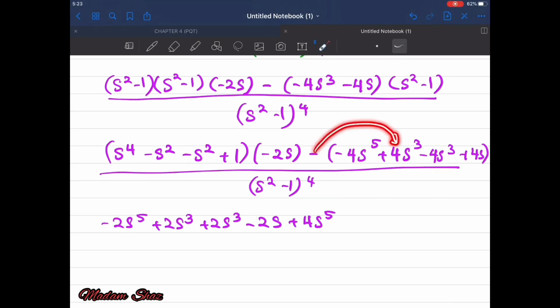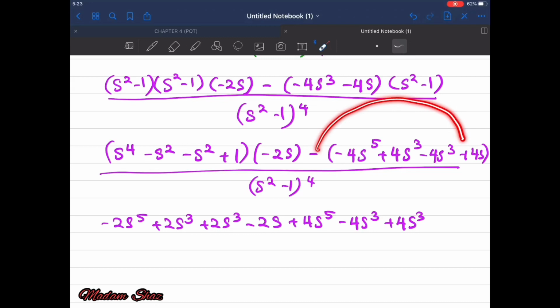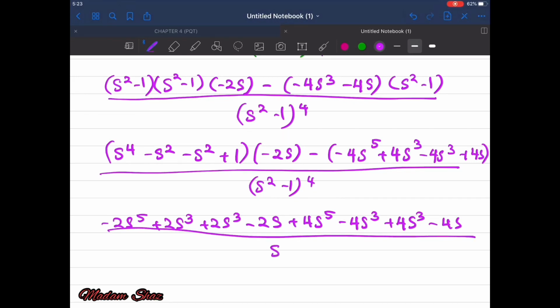Negative multiply with the positive 4s cubed, negative 4s cubed. Negative multiply with the negative 4s cubed, positive 4s cubed. Negative multiply with the positive 4s will become negative 4s. Divide the whole thing with s square minus 1 the power of 4.